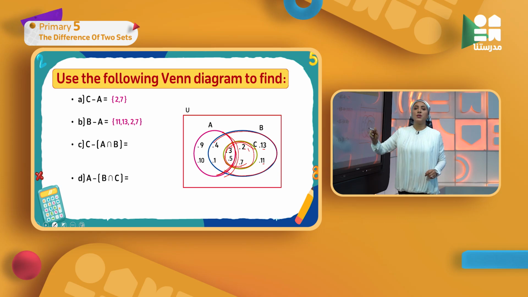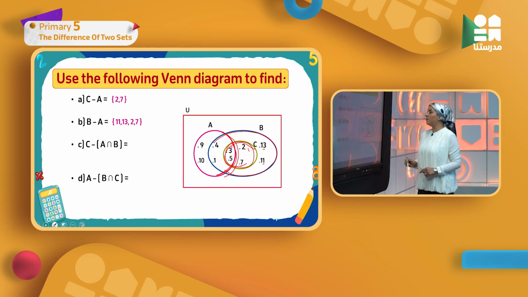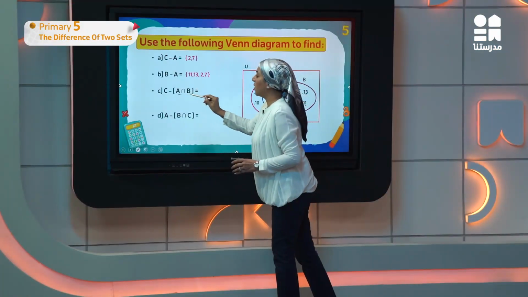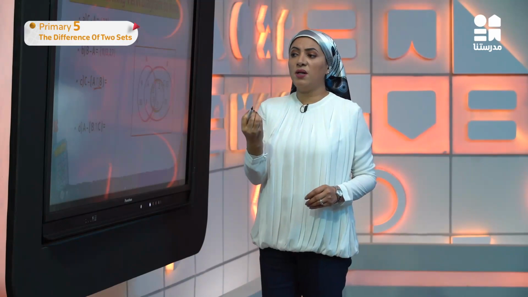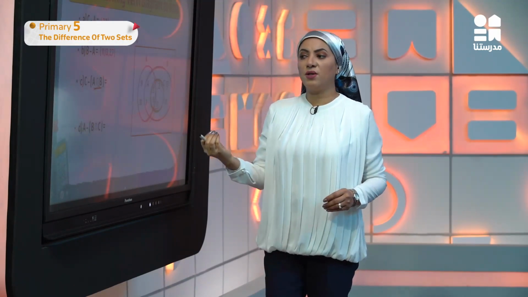Now I want to get the answer for this question. C difference A intersect B. He wants to know C difference A intersect B in what? To make it easier for myself, first I have to work on this part of the question. I have to get A intersect B, then when I get the answer, I can get the answer for my question easier.